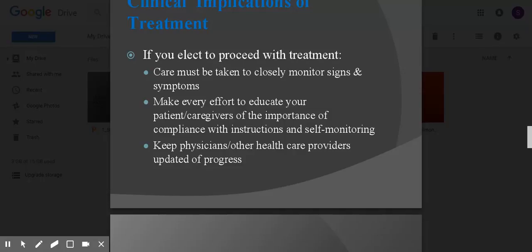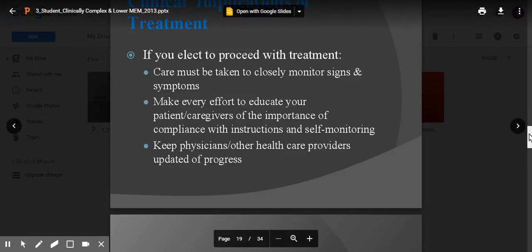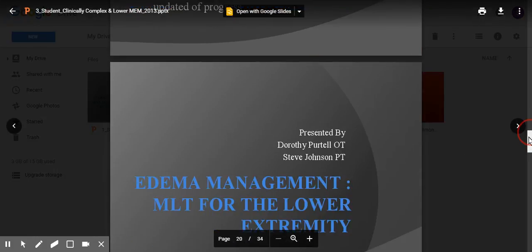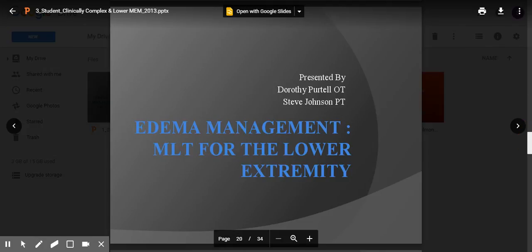Can you monitor this patient for increased breath sounds to show that there may be fluid pooling in the lungs as a result of the edema reductions in the lower extremities, or any other type of monitoring that you want to request of them. Certainly keep physicians and other healthcare providers updated of progress so that they know what it is that's being done and how it's being done.